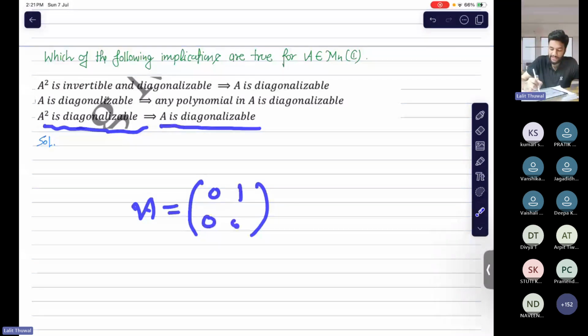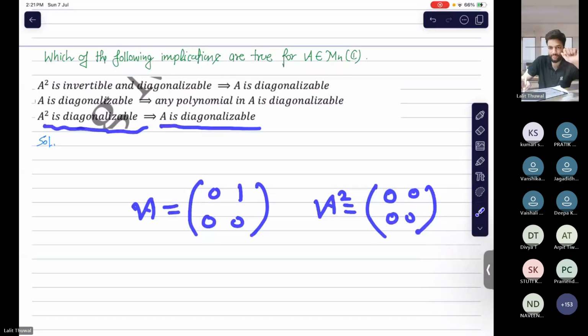So this matrix A is [0, 1; 0, 0]. This is non-zero but nilpotent, so it is not diagonalizable. If we square it, then it's going to be 0, right? Everyone can verify it. So A square is the zero matrix, a diagonal matrix, so diagonalizable.